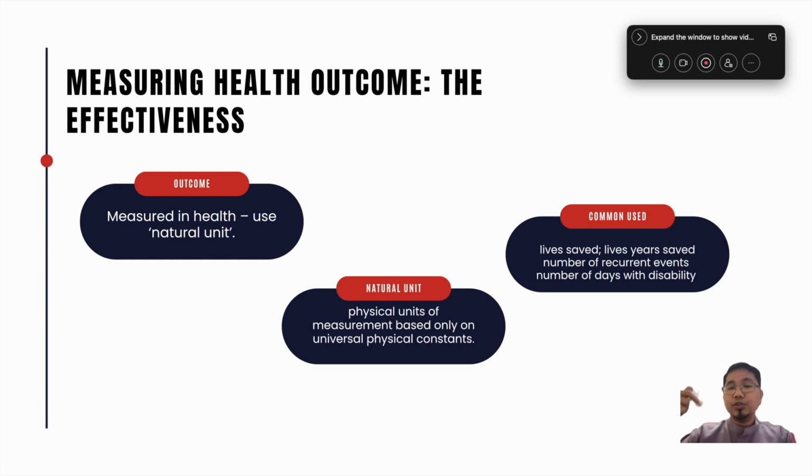It is a physical unit of measurement based only on universal physical constants. So commonly used, like I said before, the HbA1c reduction or BP reduction. Okay, or lives saved or life years saved. Number of recurrent events. Or maybe disability or mortality, morbidity, something like that. Okay, that is the health outcome.